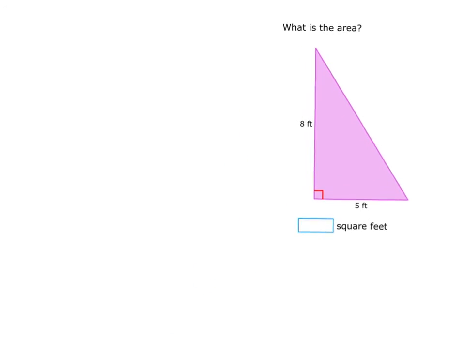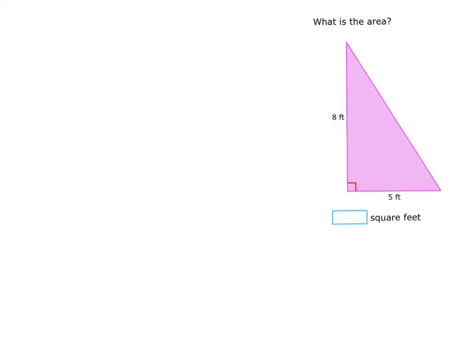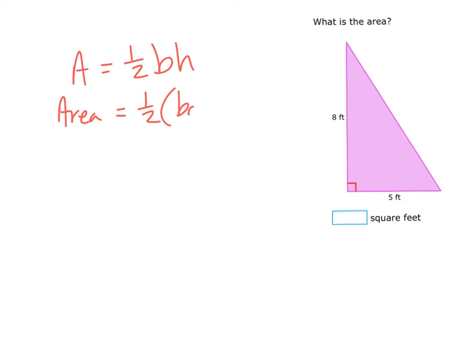Okay, so we have a triangle here. And to find the area of a triangle, you're using the formula 1/2 the base times the height. Let me write that out for you. Area equals 1/2 of the base times the height.